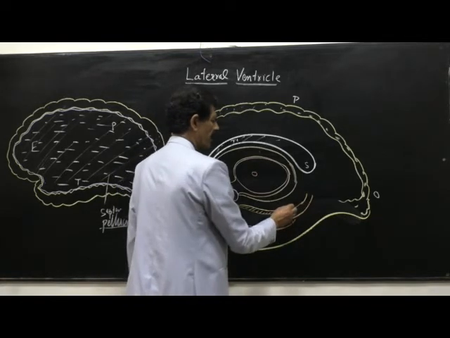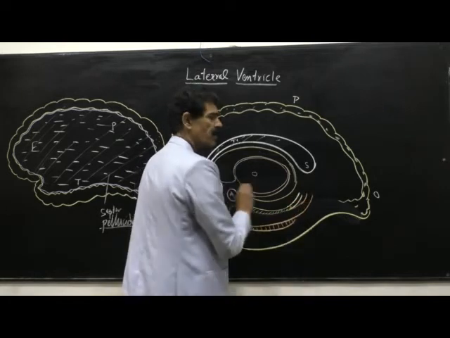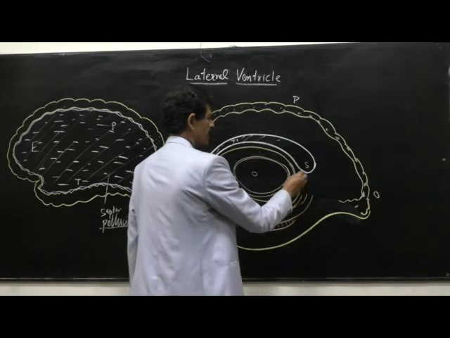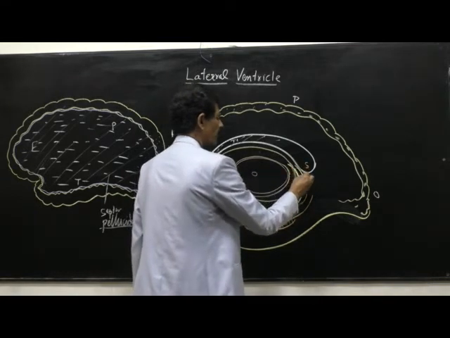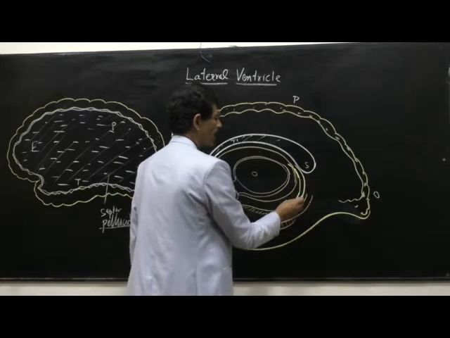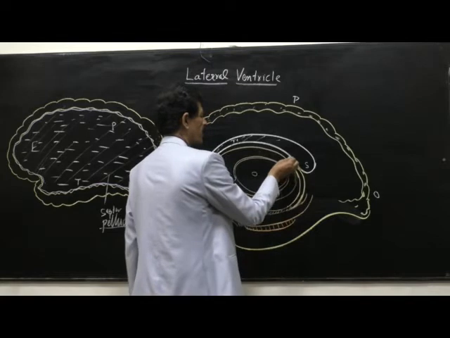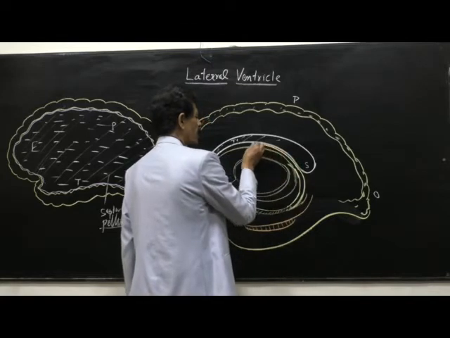And this fornix, as we trace it backward, becomes the crus of the fornix. The right and left crus meet below the splenium of the corpus callosum as the body of the fornix. And this body of the fornix runs below the body of the corpus callosum.